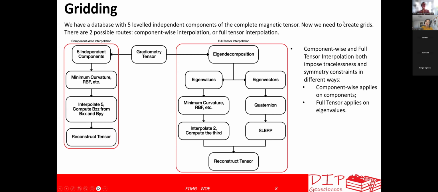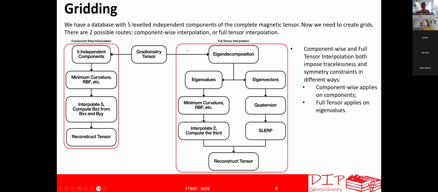In order to do that, you can use the standard minimum curvature that we have been using for years, or you can get into fancier interpolators like the radial basis function interpolator that I'm going to talk about a bit, which is a better interpolator. But still you are using the components independently, and then from that you can reconstruct the tensor.